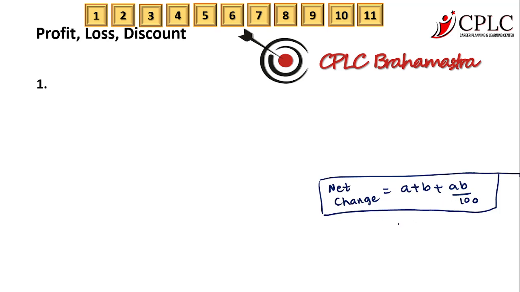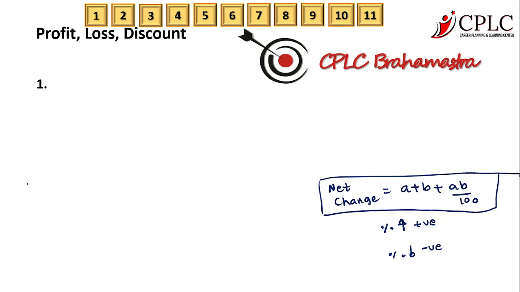There is only one thumb rule that you need to remember. Any percentage increase should be substituted as positive, and any percentage decrease should be substituted as negative in the formula while considering the values of A and B. This formula is under the assumption that both A and B are percentage increases, hence they have been taken as positive numbers.